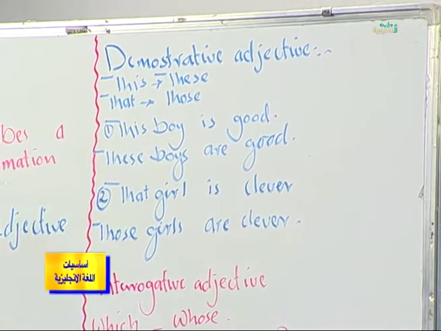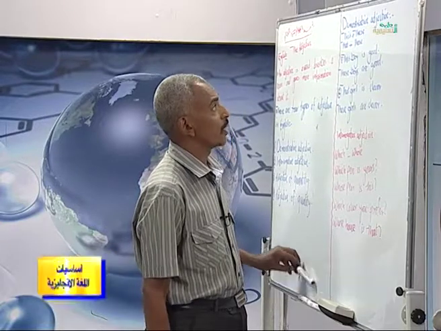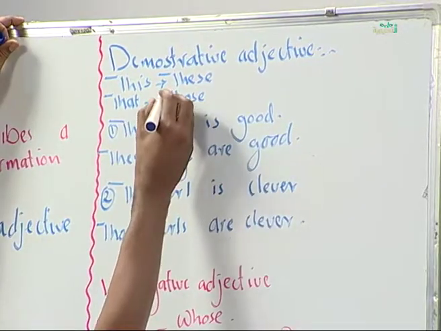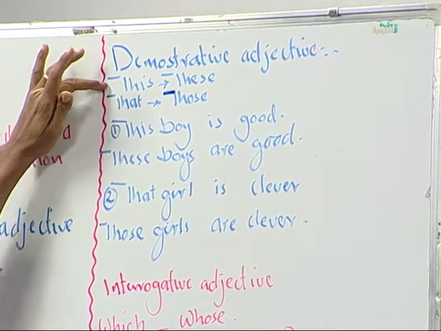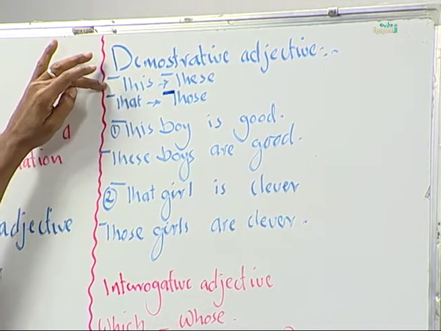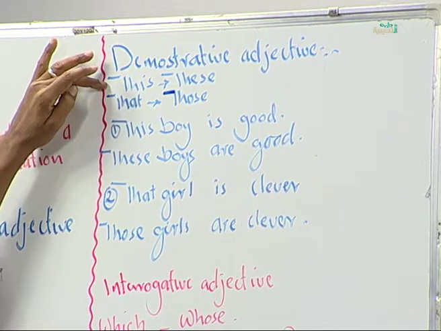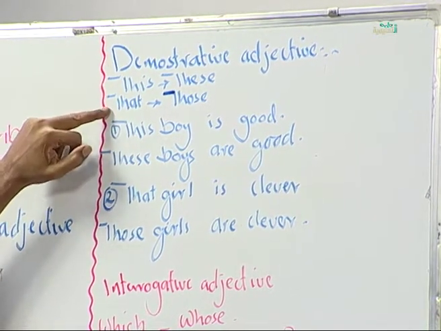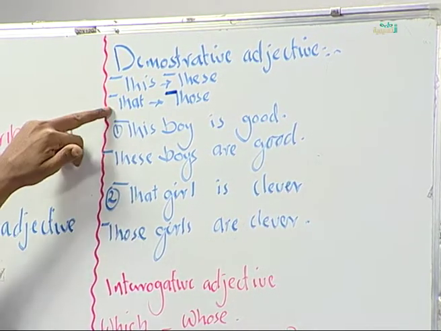When I want to use plural, the plural of that is those. This can be used for something that exists or is in front of our eyes. That can be used for something that is far from us or absent.